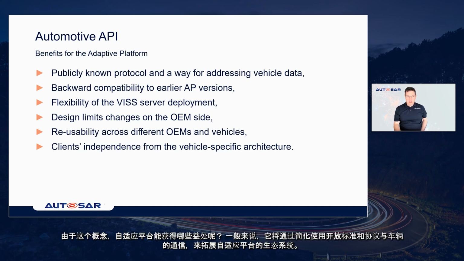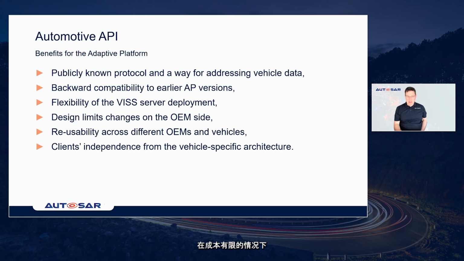Generally, it shall extend the adaptive platform ecosystem by simplifying communication with a vehicle using open standards and protocols, with limited cost of the Automotive API Gateway backbone to other AP implementations, as it doesn't change anything in existing functional clusters, and gives integrators freedom to choose the deployment of the VISS server.